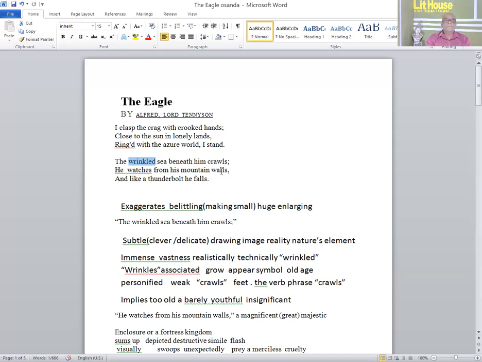Now, what is the idea here? The sea is also wrinkled. It means these wrinkles appear in human skin when we grow old. When we grow old, our skin gets wrinkled. Now, what is the idea here? That mighty sea is personified as a wrinkled old person.